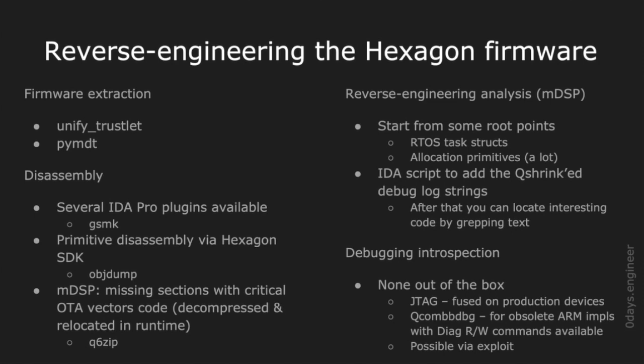For the reverse engineering, the main approach here is to get started with some root points. For example, because this is a real-time operating system, we know that it should have some task structures that we can locate, and from there we can locate some interesting code. In the case of Hexagon, this is a bit non-trivial because, as I said, it doesn't have any log strings. So even though you may locate something that looks like a task struct, it's not clear which code it actually represents. So the first step here is to apply the log strings that were removed from the binary by QShrink.